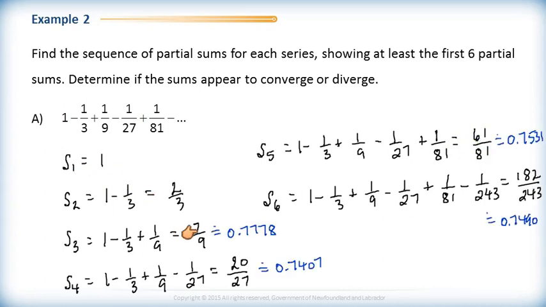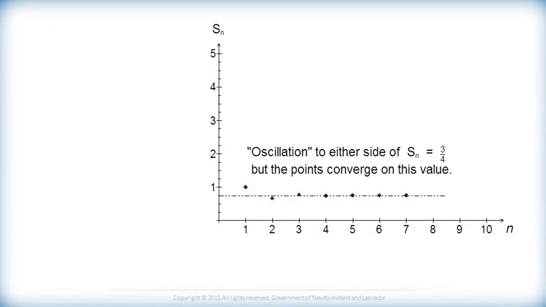So I've done them here. It's a little harder to see the pattern from the fractional representations of the sums, so I've done the approximate decimal values. And it looks like we seem to be hanging around a value of 0.75. Let's have a look at a graphical representation.